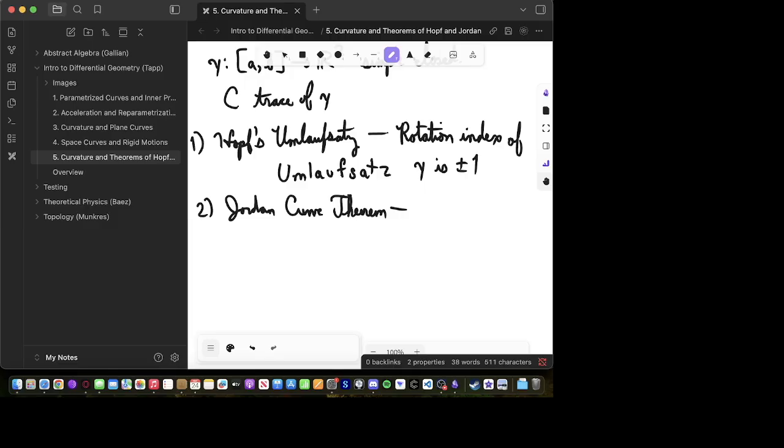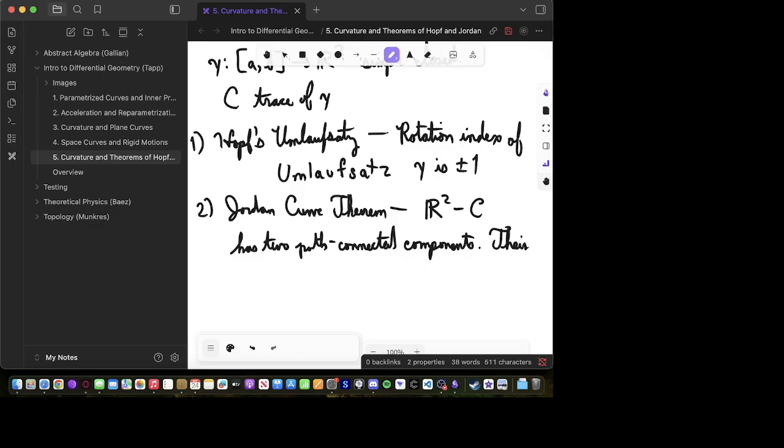We also have the Jordan curve theorem. And that basically says that the plane minus the curve, the set of points in the plane that are not on the curve, has two path-connected components.